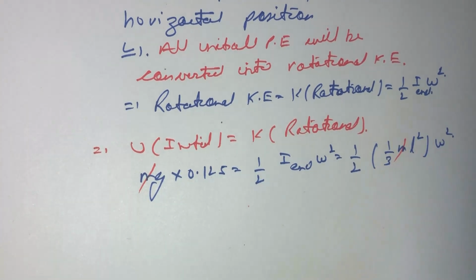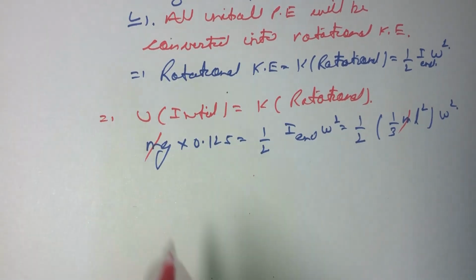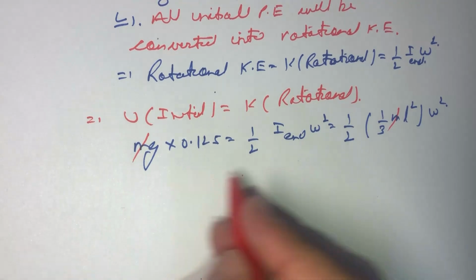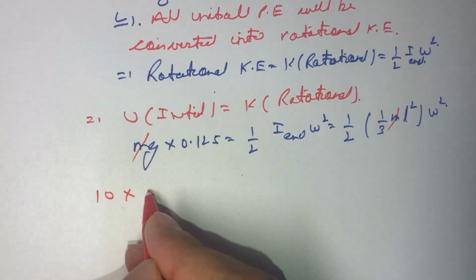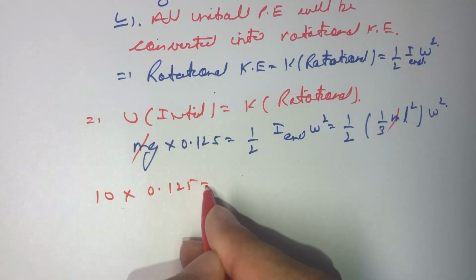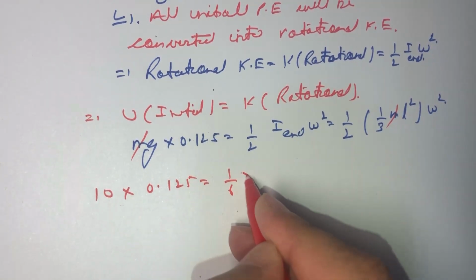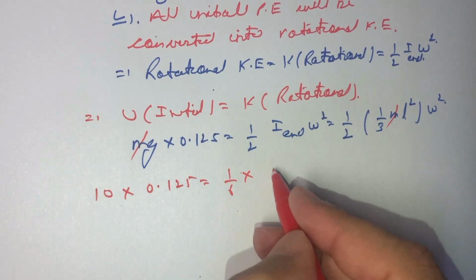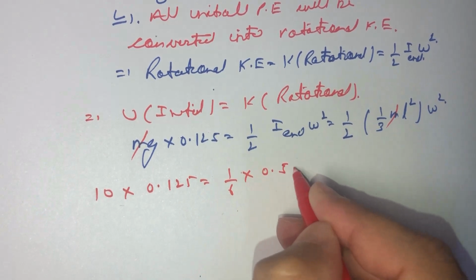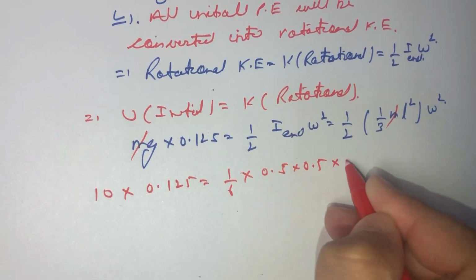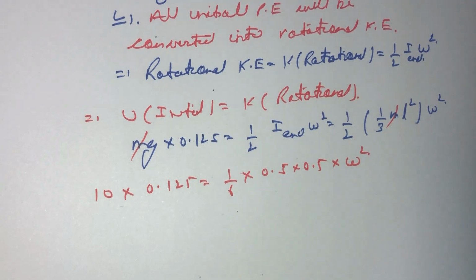Mass cancels out. g is taken as 10, so 10 multiplied by 0.125 is equal to 1 by 6 multiplied by L square, where L square is 0.5 into 0.5, multiplied by omega square.